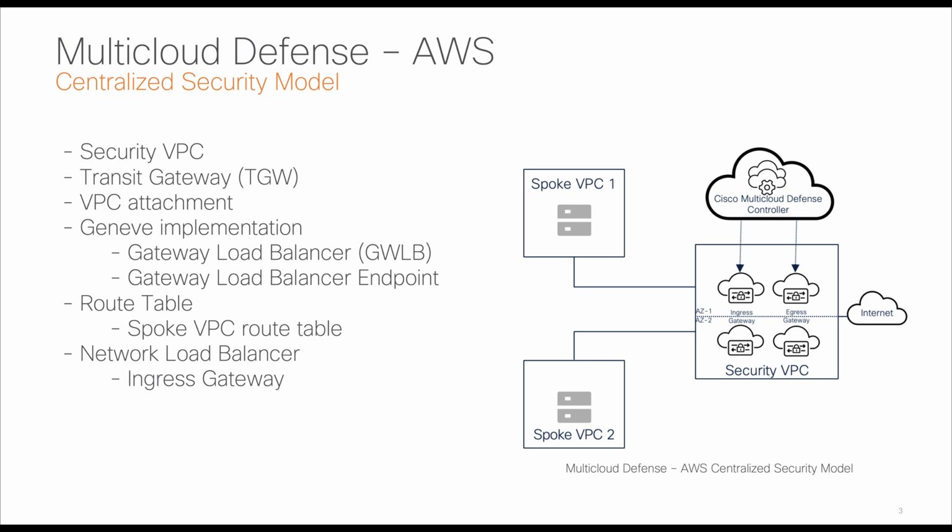So you have a transit gateway connecting your application VPCs to your security VPC. You have VPC attachments where you attach your application VPCs to the transit gateway, and then because of the nature of traffic and the nature of security appliances sitting in the security VPC, we require symmetry in the traffic flow.